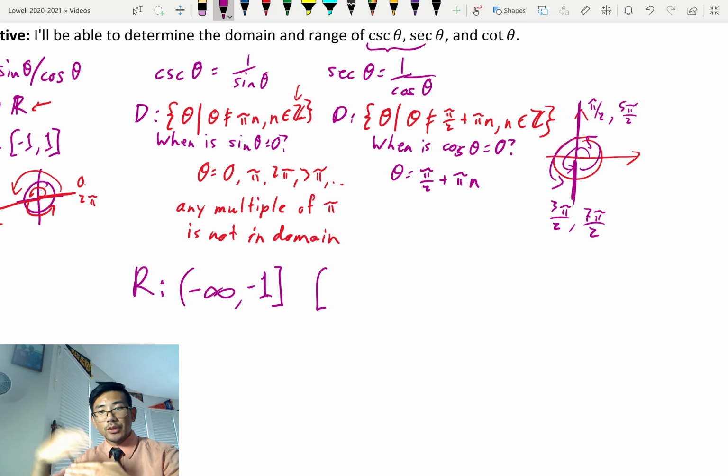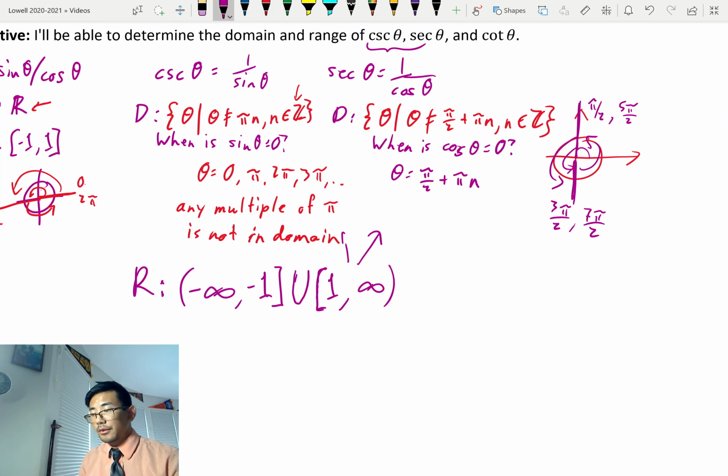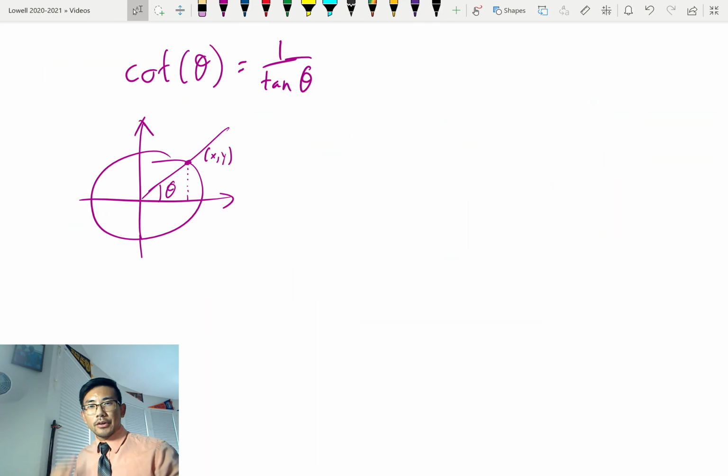We can't get anywhere between -1 and 0, because that would involve 1 being divided by a number greater than 1, which doesn't happen. Then from 1 up to positive infinity. That's the range for both of them. So from sine and cosine we can get the domain and range of secant and cosecant. All right, let's take a couple minutes to talk about cotangent before we close it up.